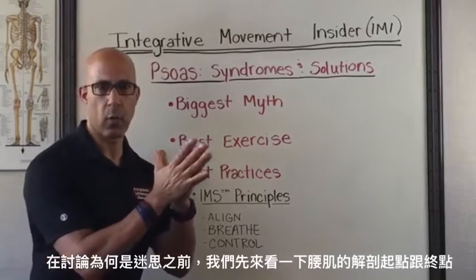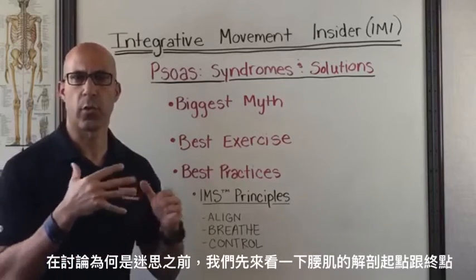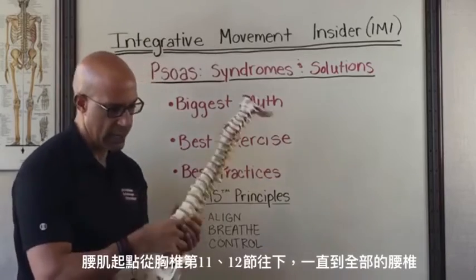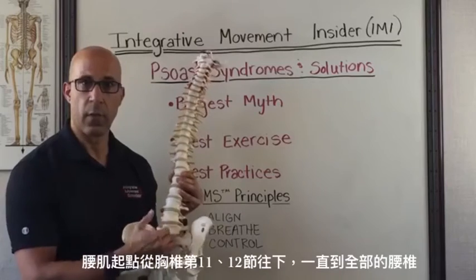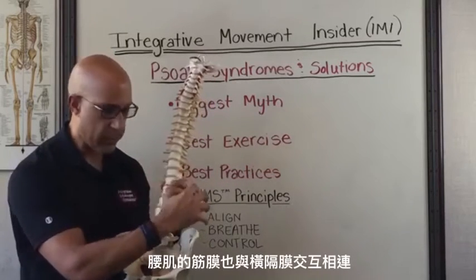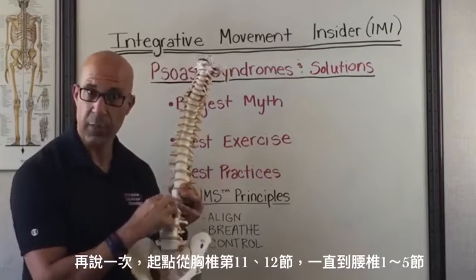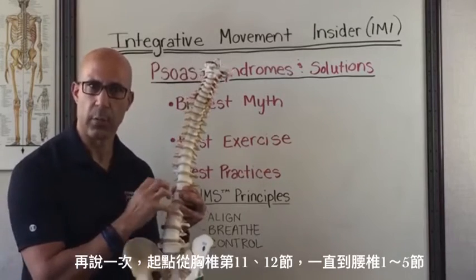So before we talk about why that's actually a myth, let's look at the origin and insertion, or the attachment points of the Psoas. The Psoas comes off T11, T12, and all the lumbar vertebrae. It fascially blends into the diaphragm as well. So again, it's coming off the front of the spine, from T11, T12, L1 through L5 vertebral levels.